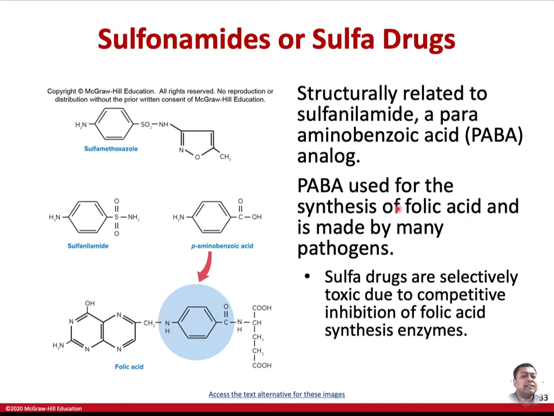And the folic acid is a vitamin. Human beings need to get it from the environment or from an outside source. But the bacteria produce this folic acid, and this is extremely important to finally make the nucleotides. So once the drug inhibits the enzyme by competitive inhibition, the bacteria fails to produce this folic acid, and then the nucleic acid synthesis doesn't happen, and that's the mode of action.